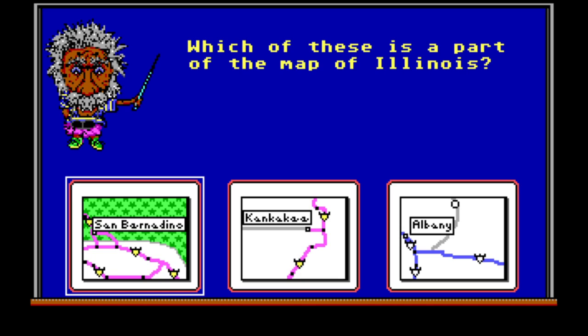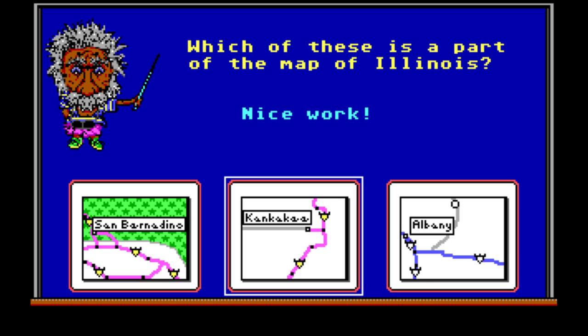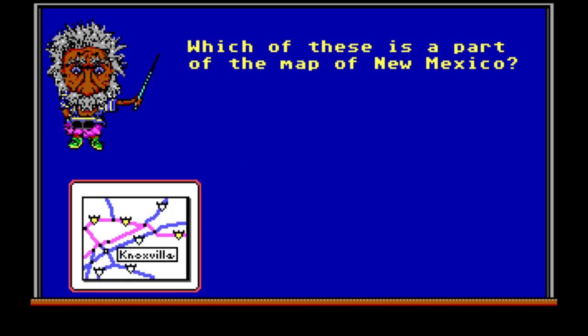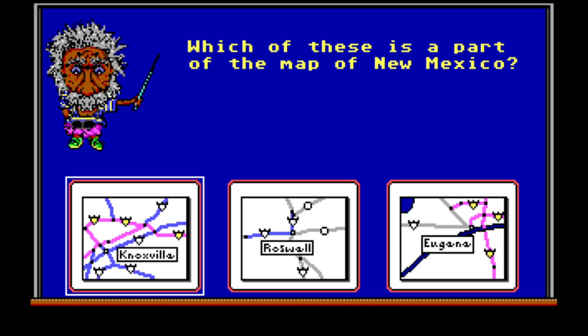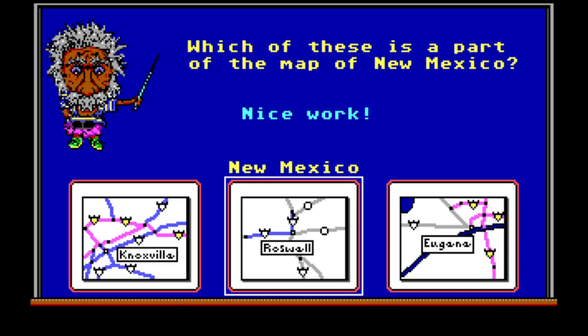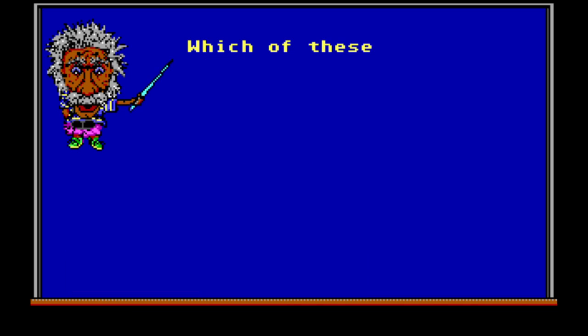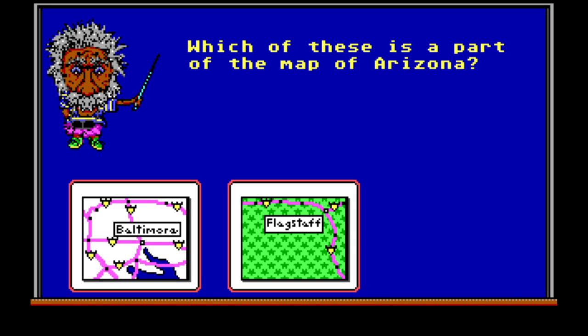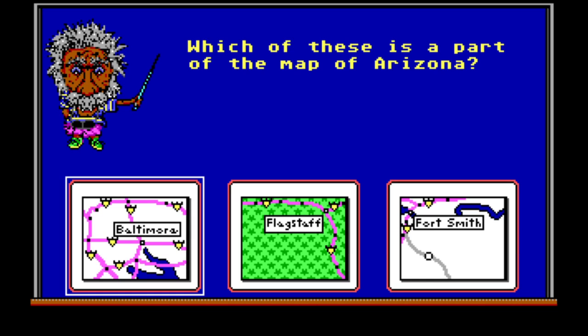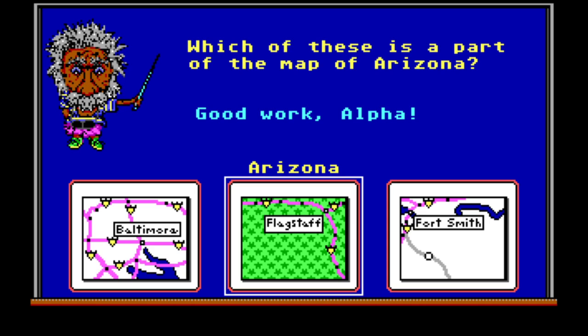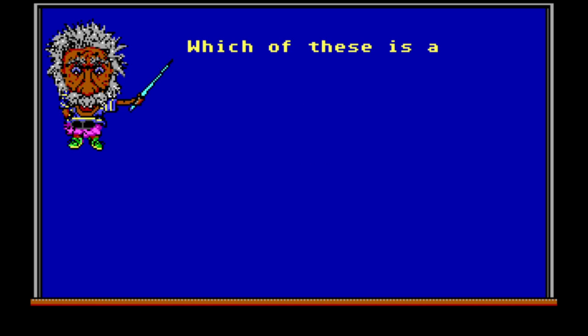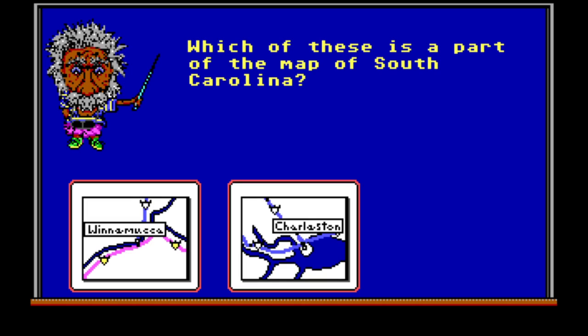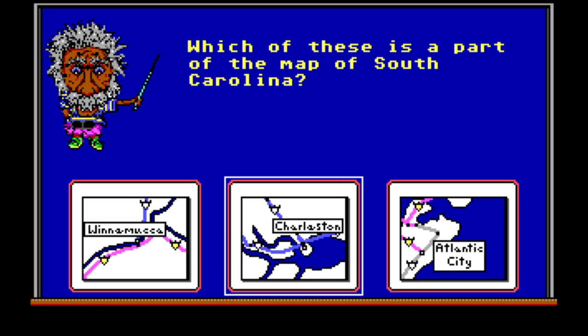Illinois. Kankakee. New Mexico. Roswell. Area 51, baby. Arizona. Flagstaff. South Carolina. Got lucky here, they gave us the capital.